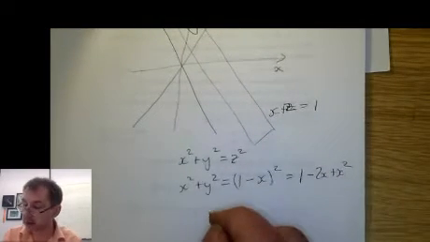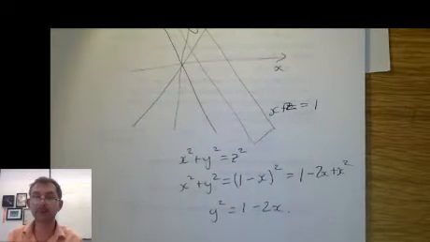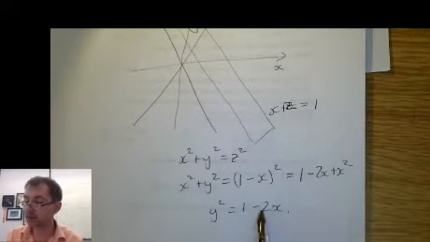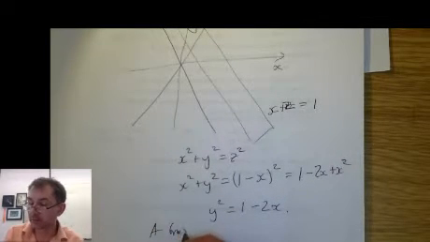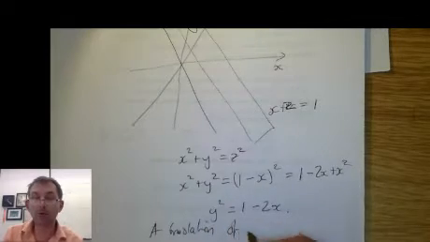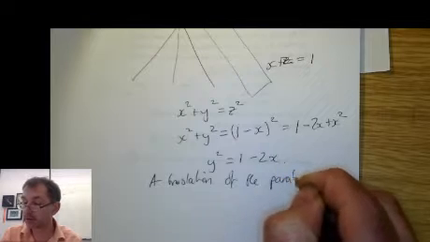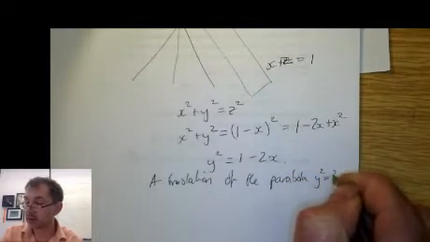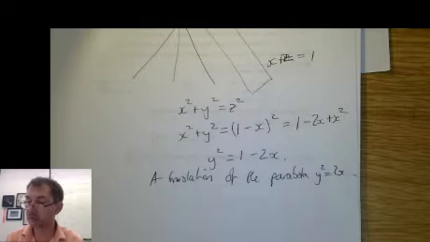If I cancel the x squareds, I get the equation y squared is equal to 1 minus 2x, which is a fairly clear translation of the standard parabola that we're used to, y squared is 2x. Well, with a reflection, but anyway, it is definitely the same shape as a parabola. Okay, so that's the visual picture there.